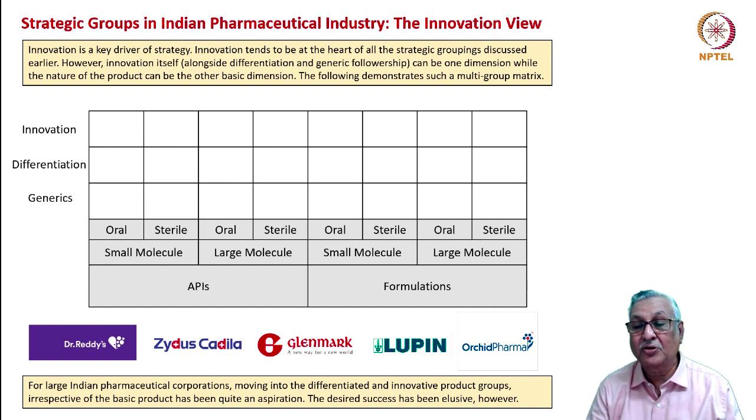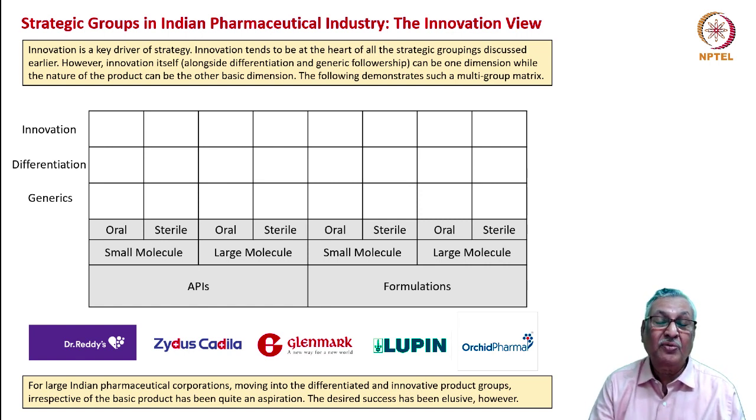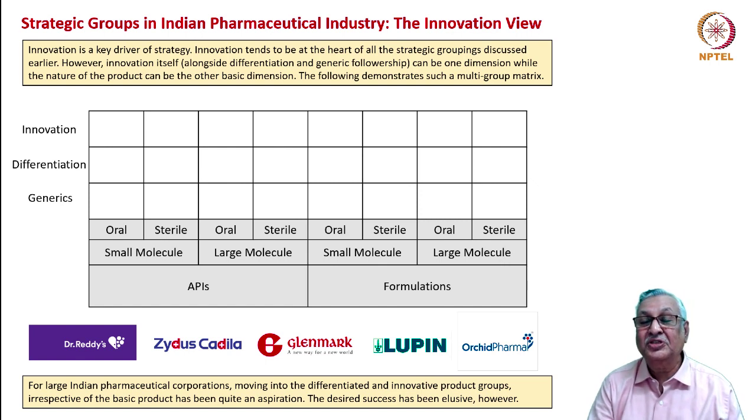Lupin, much less. Orchid Pharma was not seen to be much innovative until several years, and recently it has done a product which got phase 3 approvals and is a working proposition in EU markets and in China. It is probably the first innovator product that has been launched in any part of the world. So innovation may not be celebrated in public forums, but it could exist in our forms.